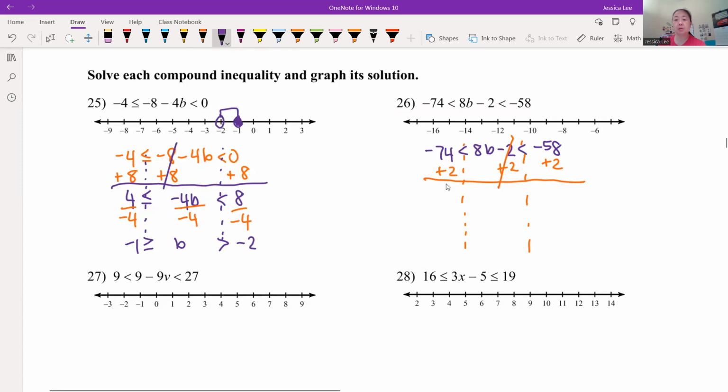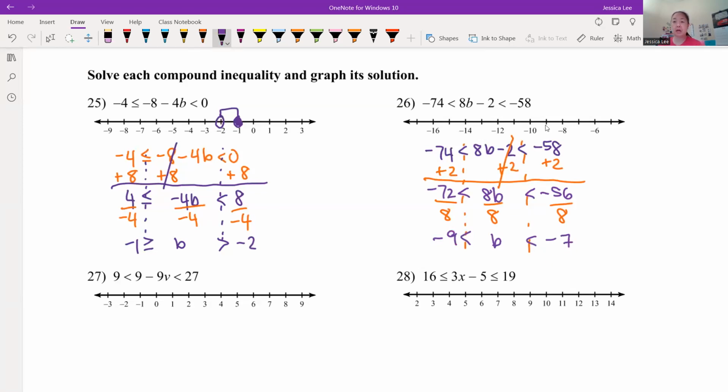There we go. -74 plus 2 is -72, is less than 8b, which is less than -56. All right, and we're going to now divide by 8, all 3 sides. I'm dividing by a positive number, so I don't have to flip it. No flipping of the inequality. And then we get -9 is less than b, which is less than -7.